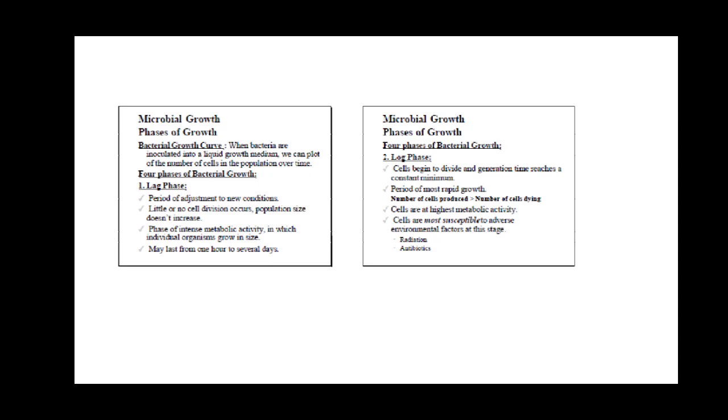So the lag phase is the period in which bacteria try to adjust to the new conditions. There is little or no cell division in the lag phase. The population size doesn't increase. It is a phase of intense metabolic activity in which individual organisms grow in size.